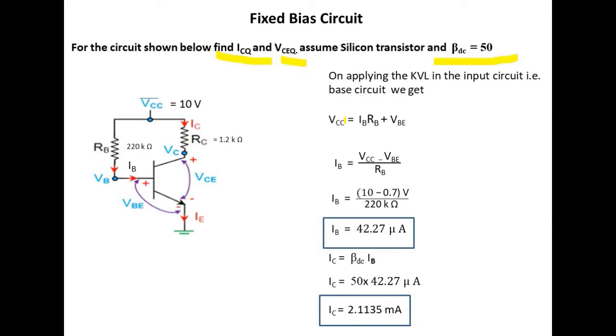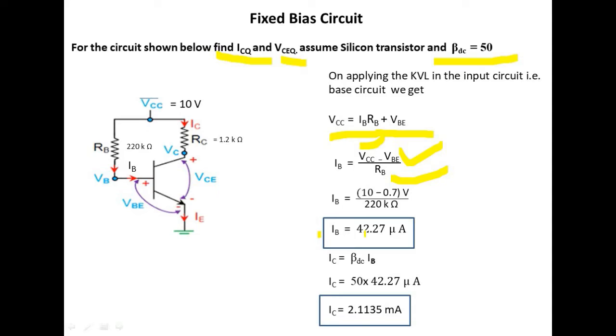We know that on applying the KVL in the input circuit, that is base circuit, we get VCC is equal to IBRB plus VBE. So we have got IB as VCC minus VBE upon RB. Putting the values of VCC, VBE and RB, we calculate IB as 10 minus 0.7 upon 220 kilo ohm.